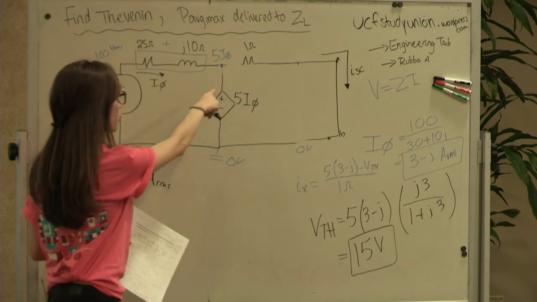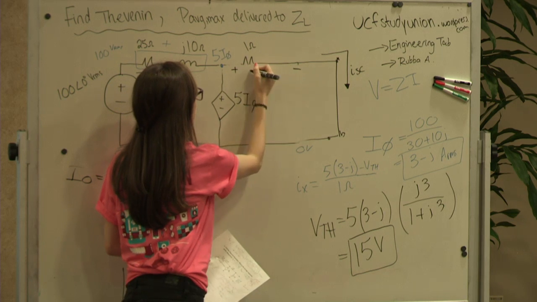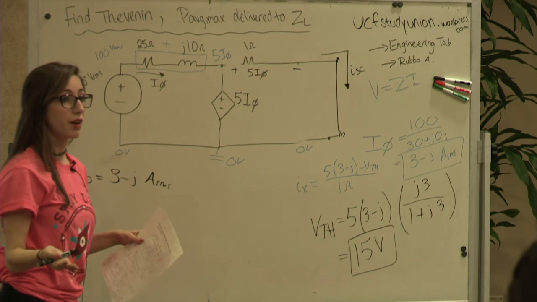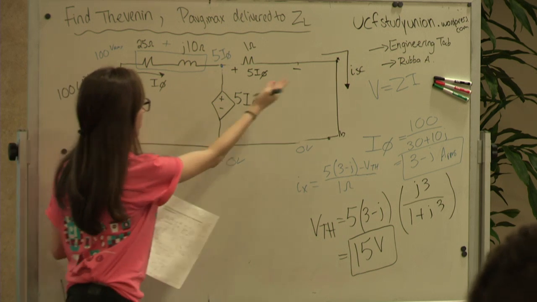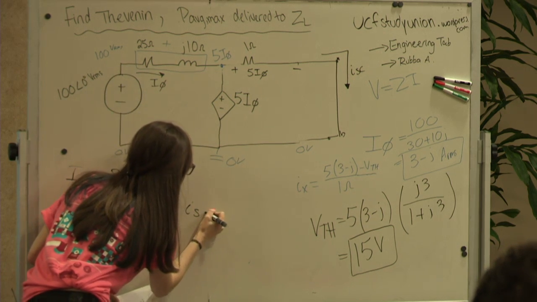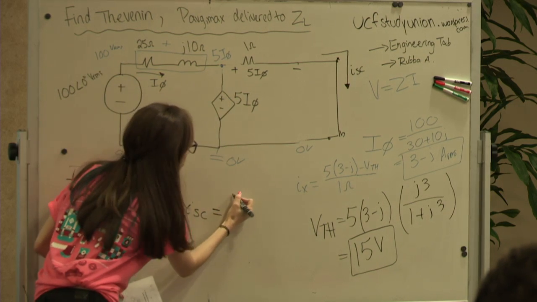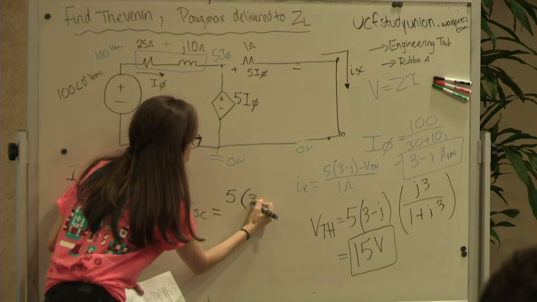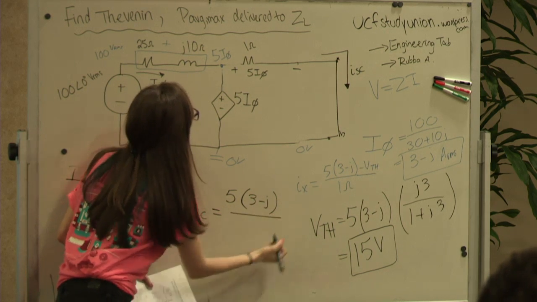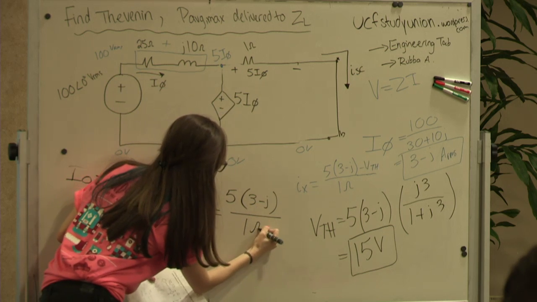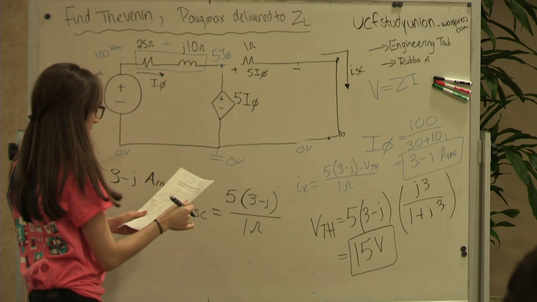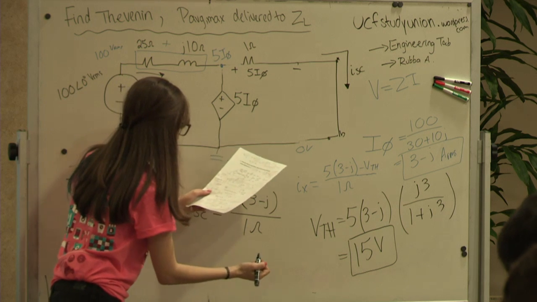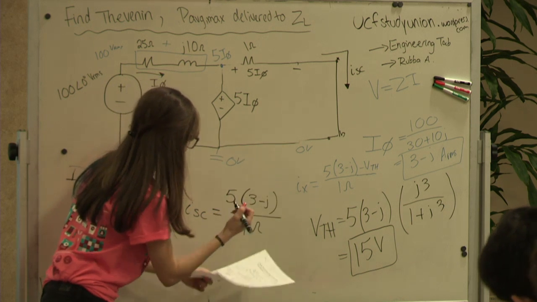Yeah, so we know the voltage of this resistor is also 5IO. So we can use Ohm's law to find ISC. So ISC will equal 5IO, which is 3 minus J, over 1 ohm. And then that's going to be 15 minus 5J.